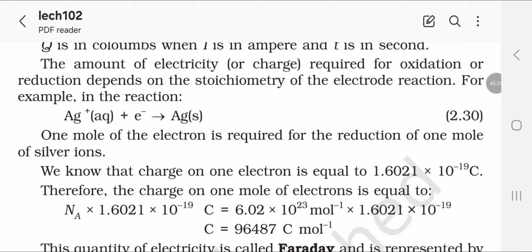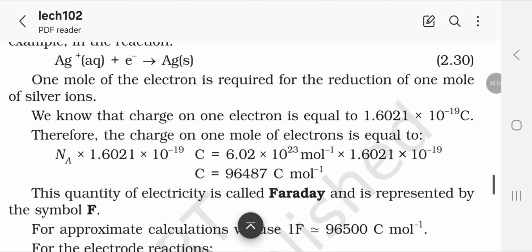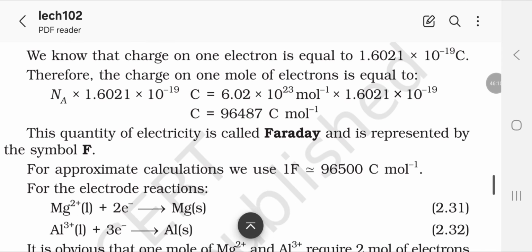We know that the charge on one electron is equal to 1.6021 × 10^-19 coulomb. Therefore, the charge on 1 mole of electrons is equal to NA × 1.6021 × 10^-19 coulomb, which is 6.02 × 10^23 per mole × 1.6021 × 10^-19 C, equal to 96487 coulomb per mole.